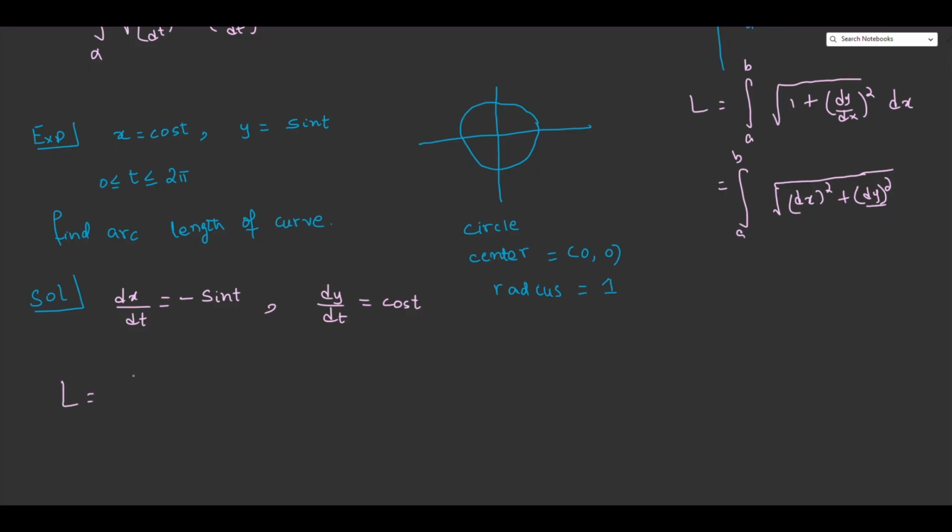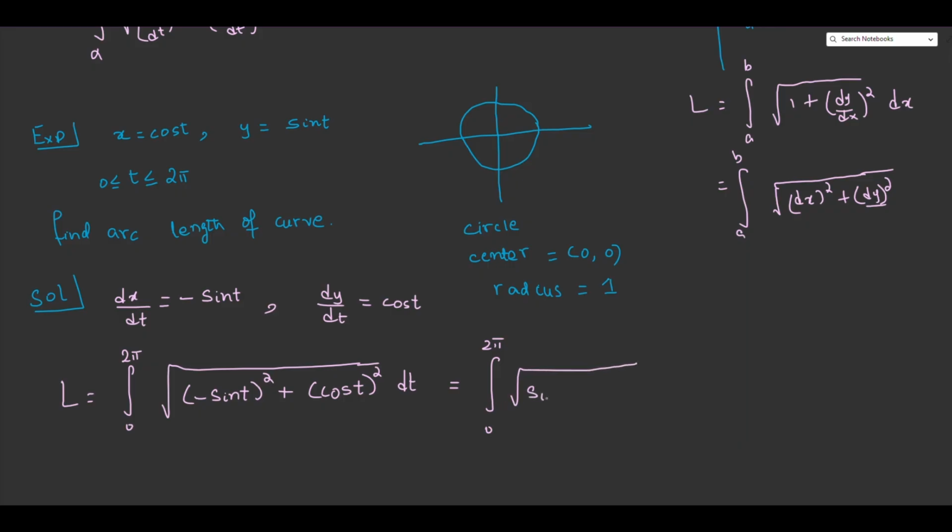L equals integration from 0 to 2 pi under the root minus sine of t whole square plus cosine of t whole square dt.